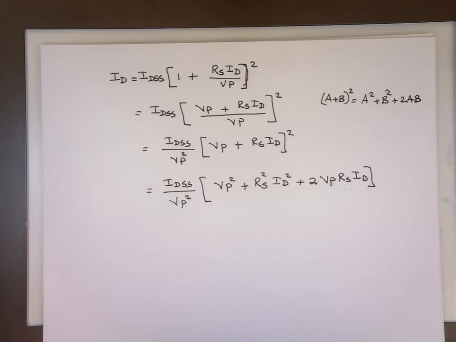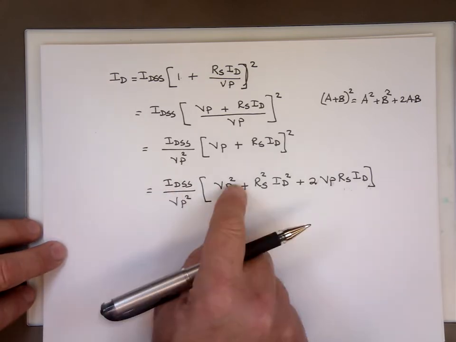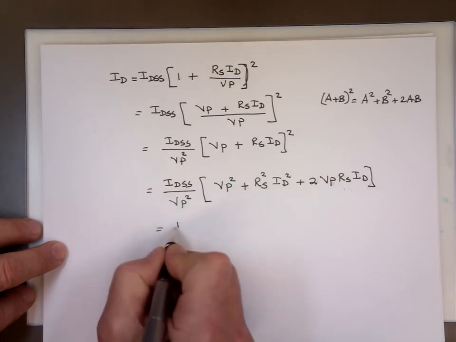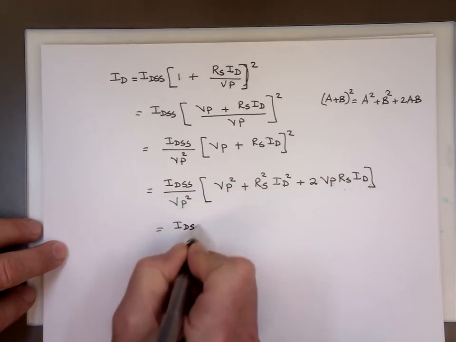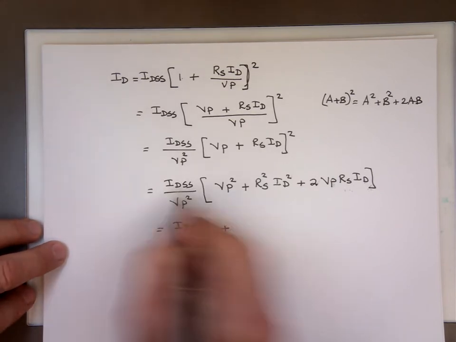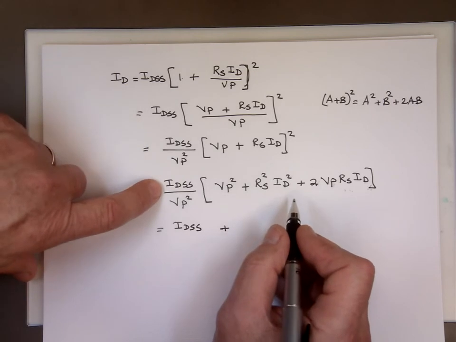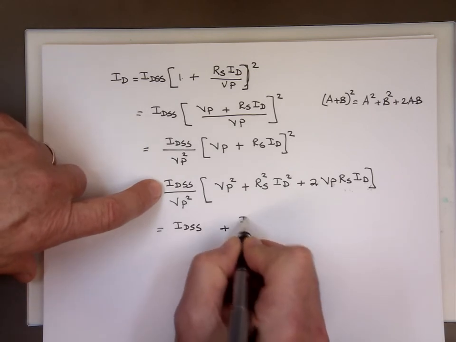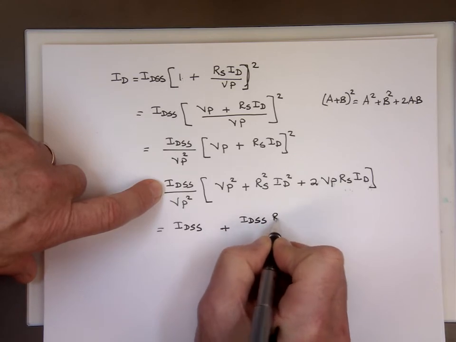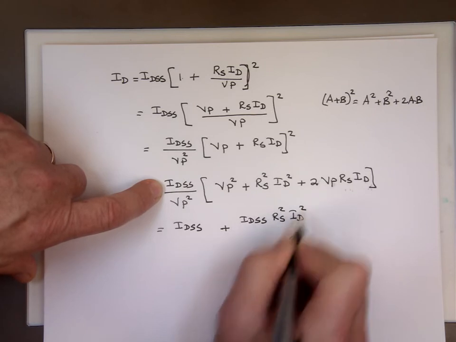And if you multiply, distribute that one, this times that, the VPs will cancel the square. You end up with I sub DSS plus, if you multiply this by that, you'll have I sub DSS RS squared ID squared over VP squared.